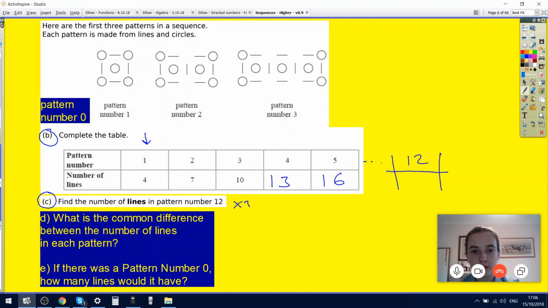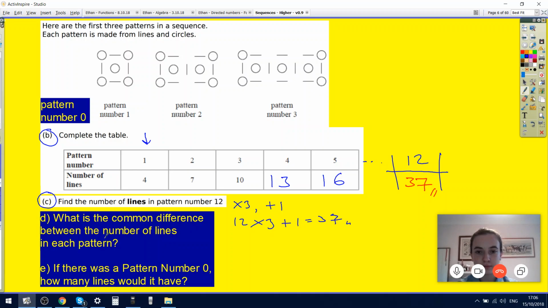So that'd be 39, no, 36 plus 1, 37. Well done. So 12 times 3, add 1 is 37.